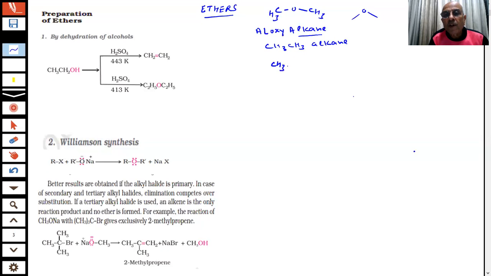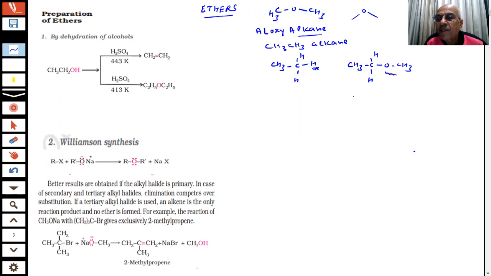If I show it like this, this hydrogen is being removed from here, and instead of this I am putting OCH3. So this is now becoming ether. This is the alkane and you have got alkoxy.